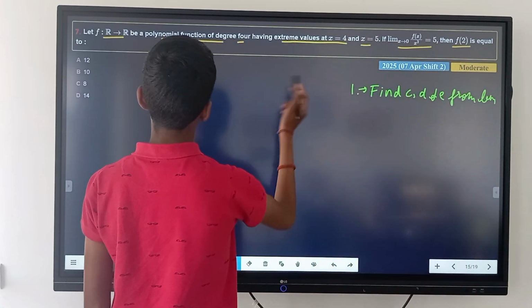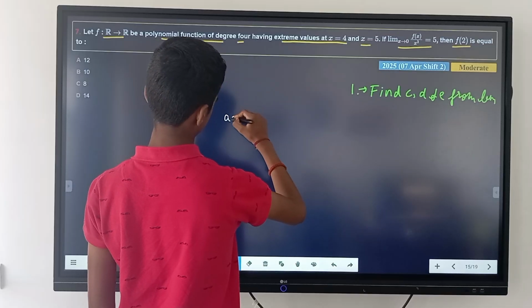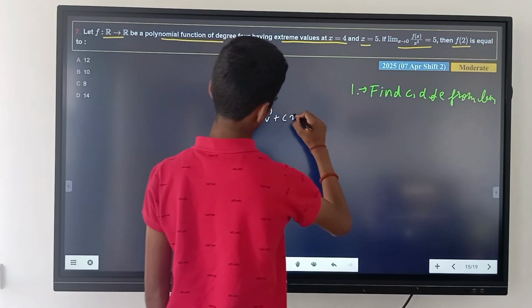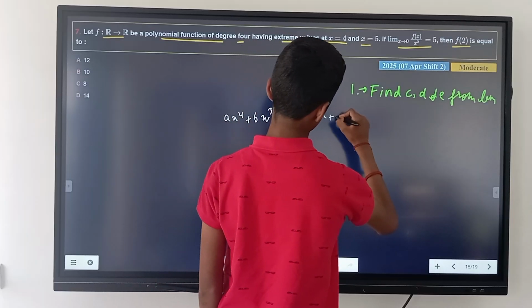We write the degree 4 polynomial function as ax^4 plus bx cube plus cx square plus dx plus e.